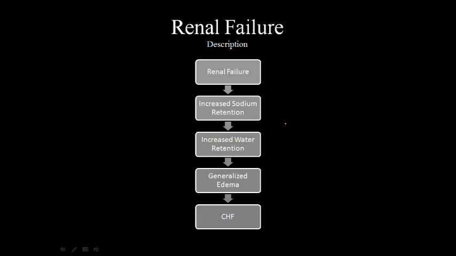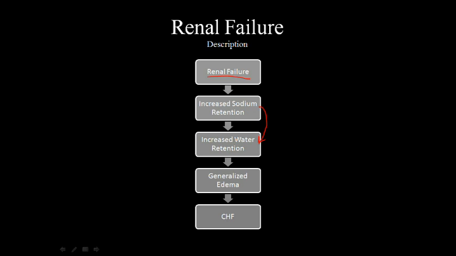Basically, the way this works is, in terms of renal failure, you have increased sodium retention, which, as we know, if you have high sodium content, it's going to cause you to want to drink or retain more water.